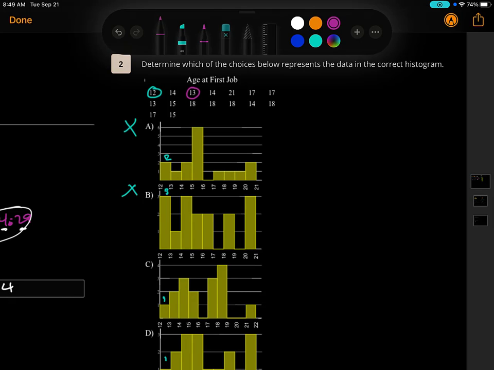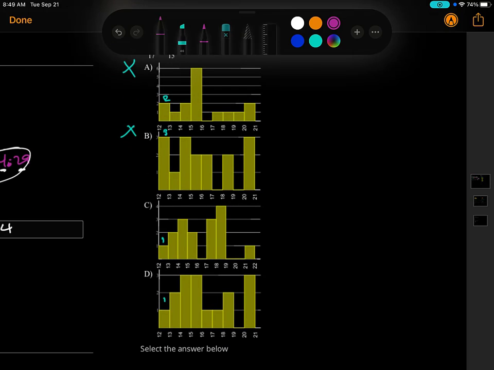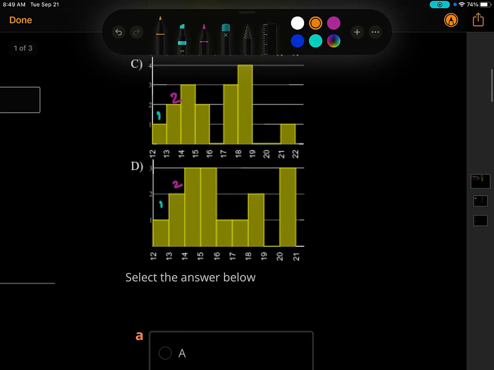Let's go to the 13s. 1, 2. This one has 2 and 2. Okay. Let's go to 14. 1, 2, 3. This one has 3. This one also has 3.